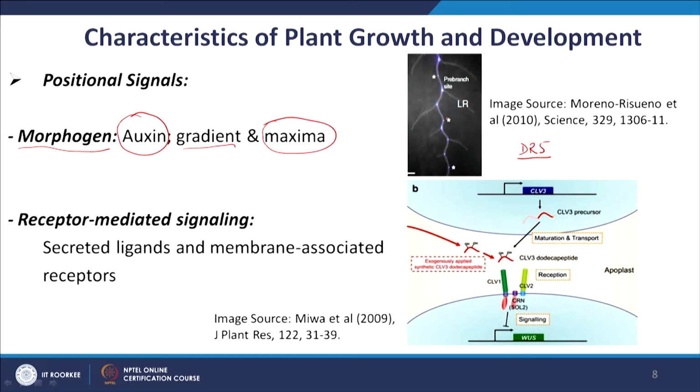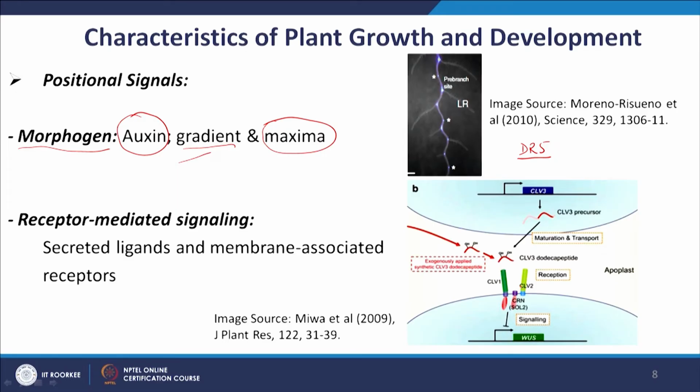Another important thing, if you make a correlation, you see that these lateral roots are coming from the regions where there is a high level of auxin, or auxin maxima. So this tells us that the auxin maxima is correlated with lateral root development, which means that it might be responsible for initiating the program specific for lateral root development.